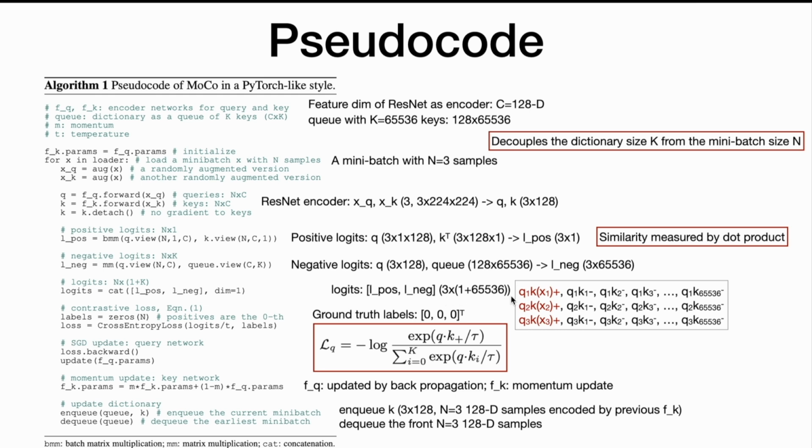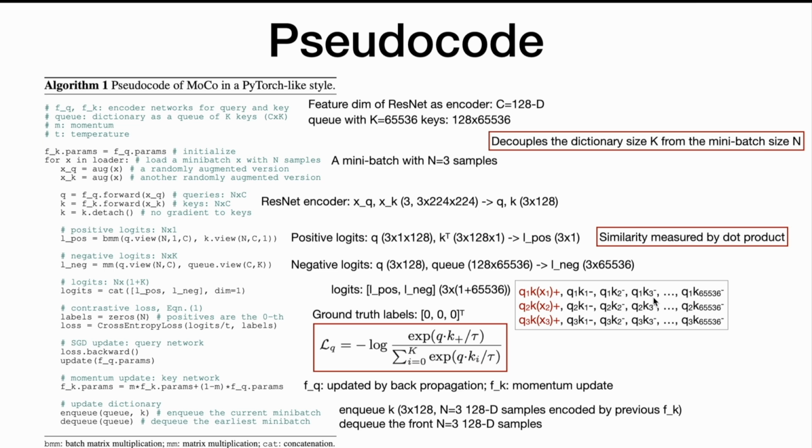What's inside this matrix is plotted here. The first column is all the dot products between the query and the respective positive key, and the rest of the matrix is the dot products of the 3 queries with respect to all of the negative keys in the queue.